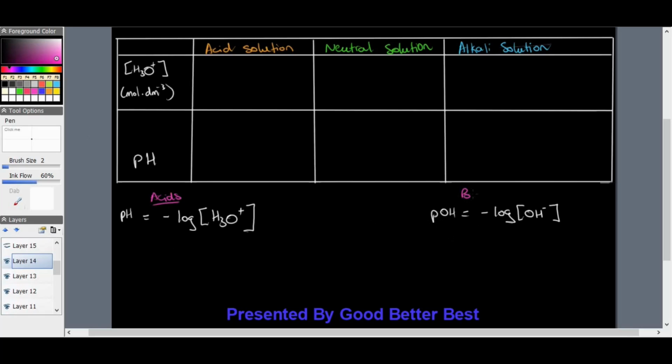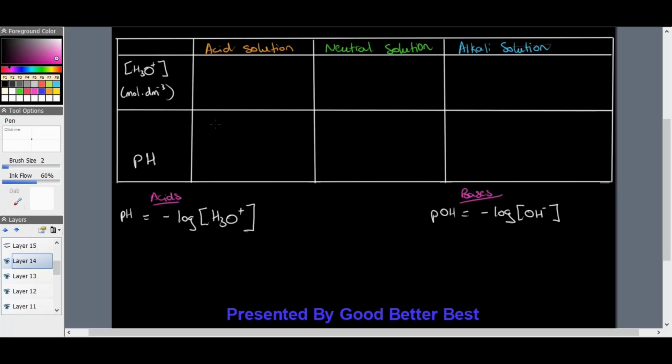It's similar, except that we're no longer taking the negative log of the hydronium ion, but rather of the hydroxide ion. We're taking the negative logarithm of the hydroxide ion concentration to determine no longer the acidity, but the alkalinity, just how much of an alkali it actually is.